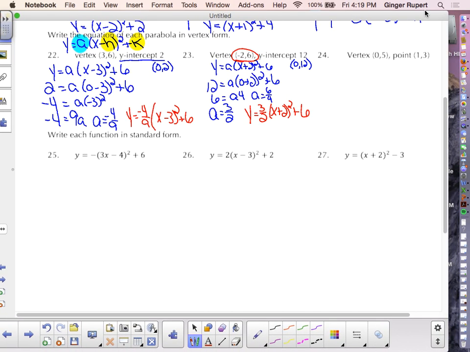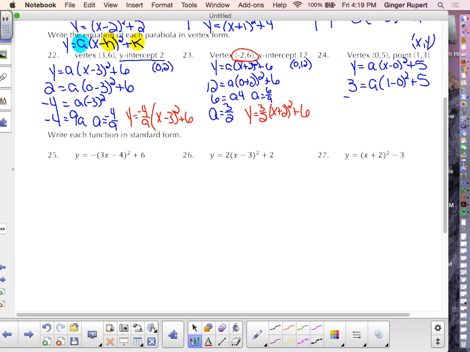One more. This time I have the vertex and a point. So I'll go ahead and substitute in my vertex. y is equal to a times (x minus 0) squared plus 5. Then I'll go ahead and substitute in my point. It's still an ordered pair, so I can still use it. 3 is equal to a times (1 minus 0) squared plus 5.